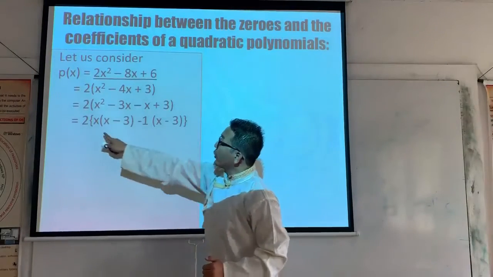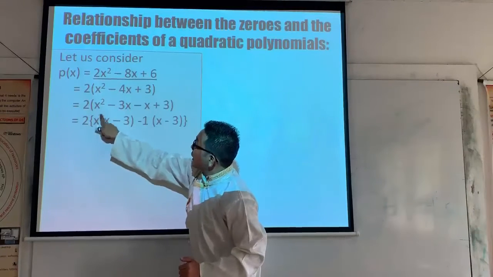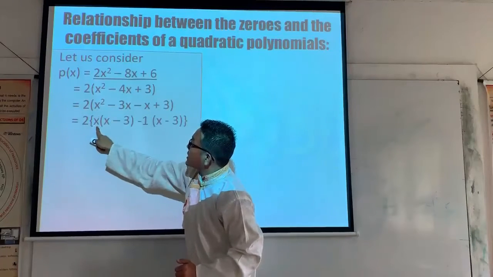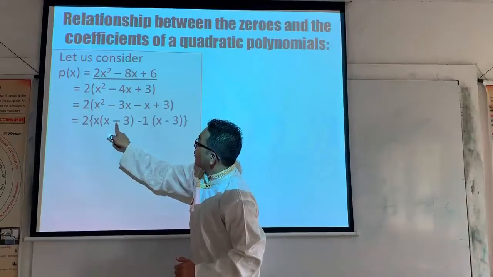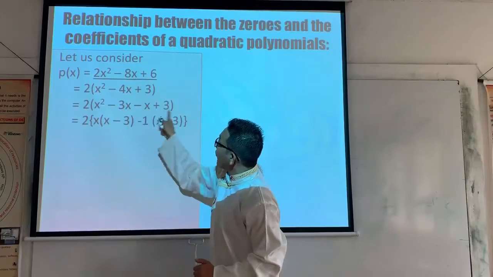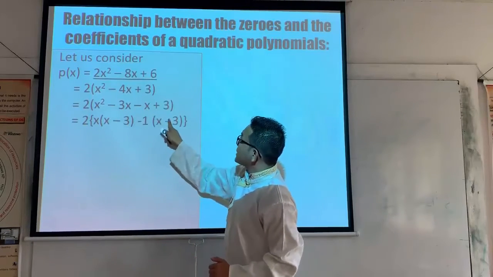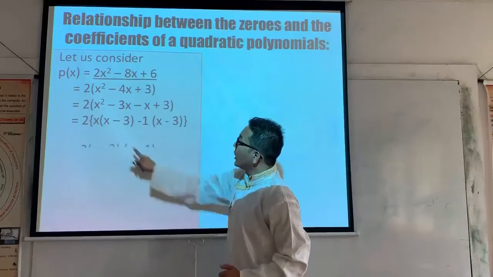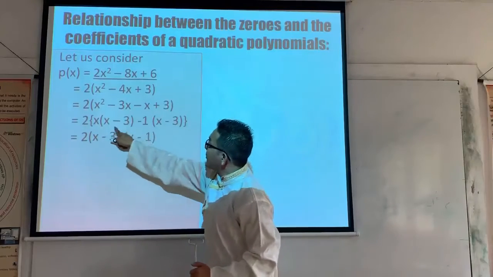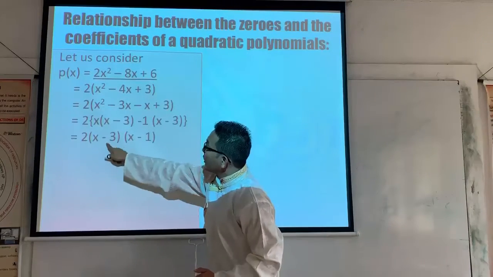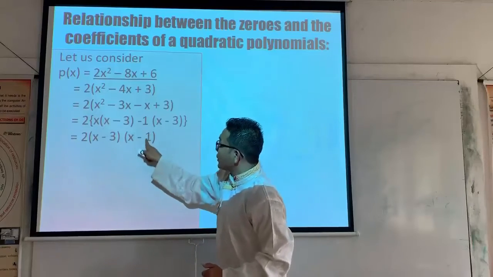Taking x common from the first two terms gives x times x minus 3, and taking -1 common from the last two gives -1 times x minus 3. Now x minus 3 is common, so we get x minus 3 times x minus 1.